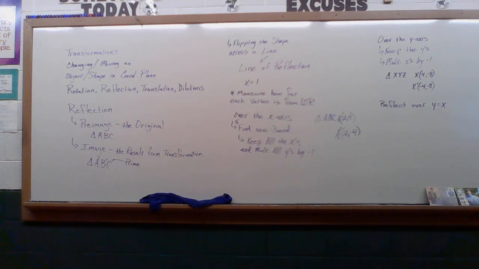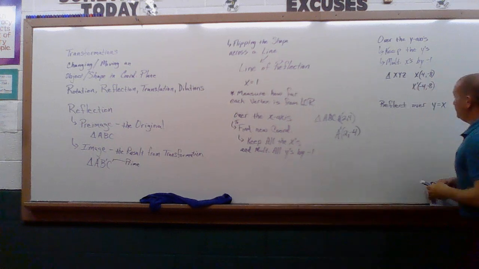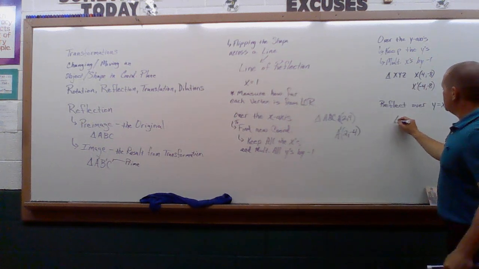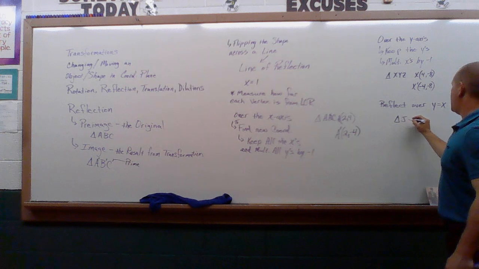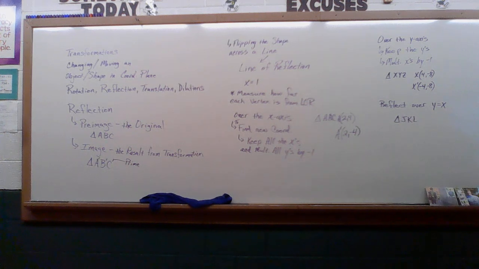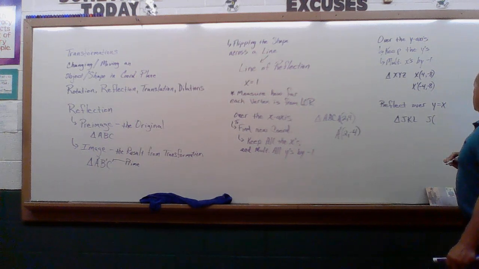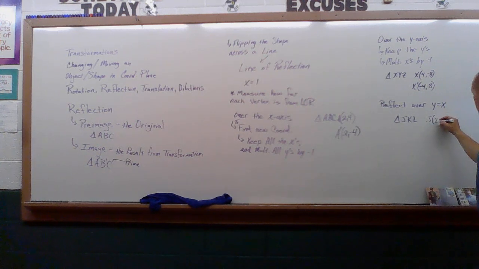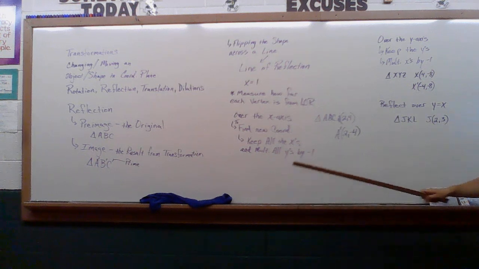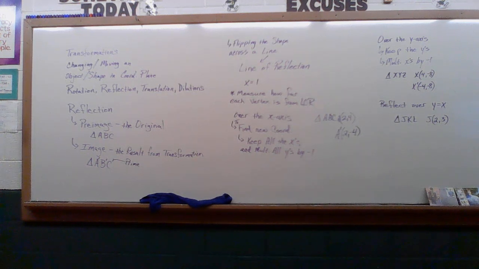Okay? So if I am asked to reflect something, again, let's make a triangle. Let's call it JKL. And they are going to tell me that coordinate J is at 2, 3. If I want to flip it over, where am I going to go?